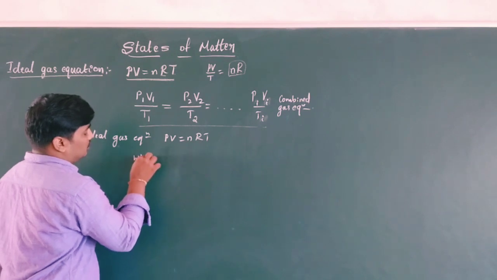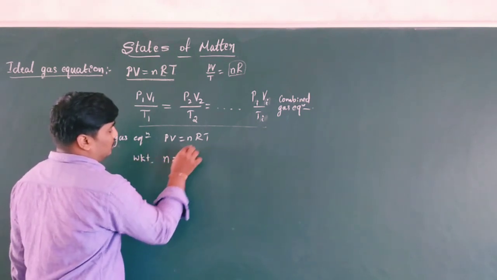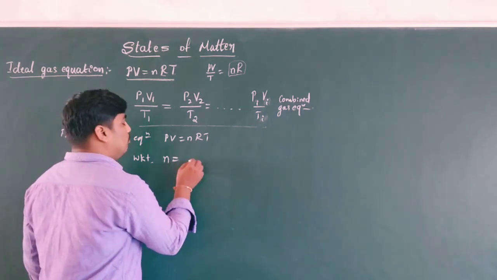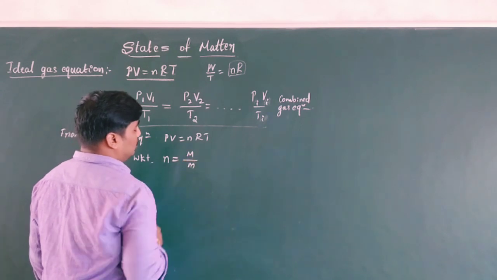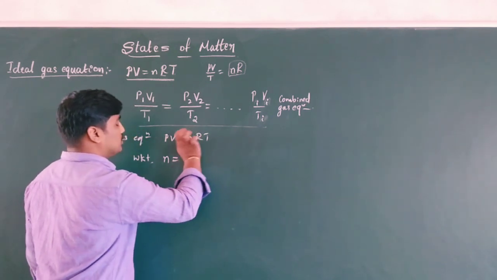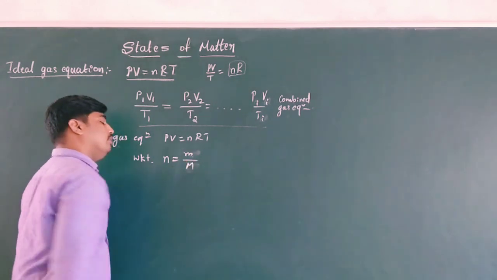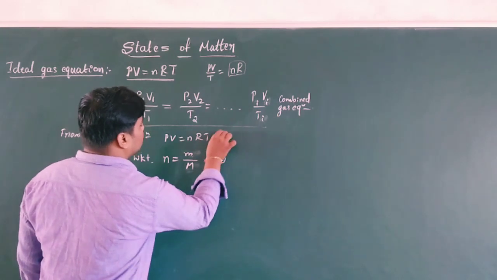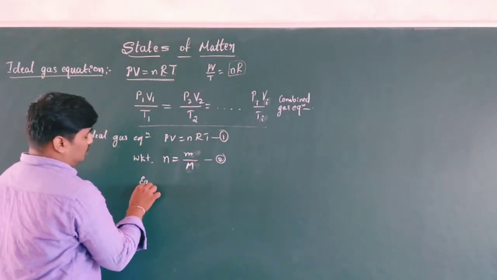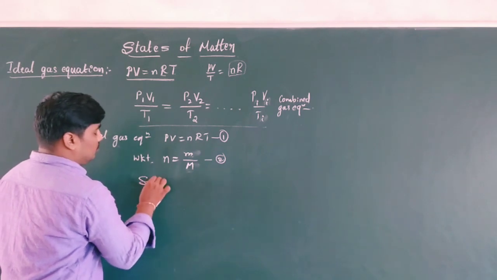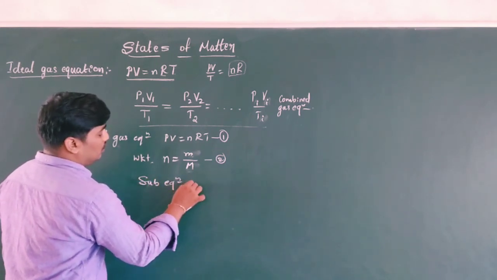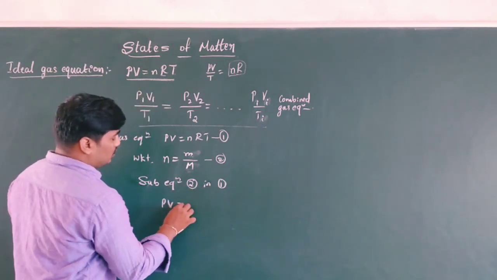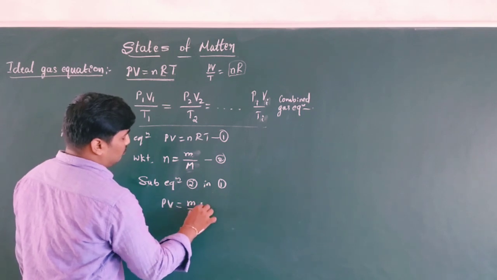We know that n is the amount of substance in moles, which is equal to mass divided by molar mass, that is, mass in grams divided by molar mass. Substitute equation number 2 in equation number 1. PV is equal to m by M times RT.